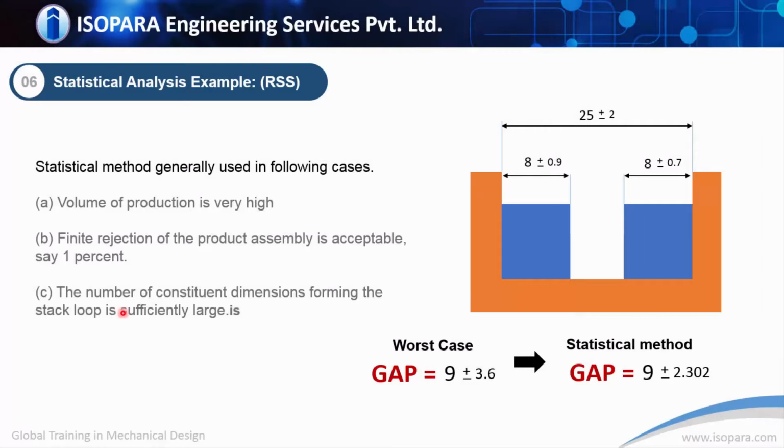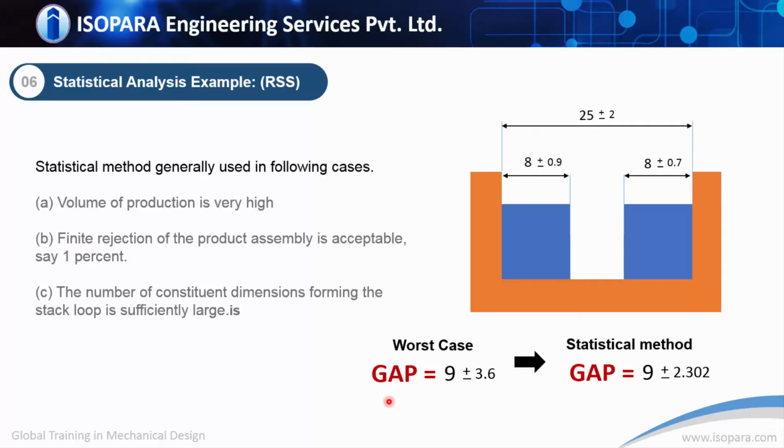Now, let's study the statistical tolerance analysis method with a simple example. Here the same example is used which was used for the worst case method. We can see the mean gap value is the same because all these methods only affect the tolerance of components. Here the gap tolerance we are getting is plus or minus 2.302. The formula needed for this outcome will be discussed in further chapters.